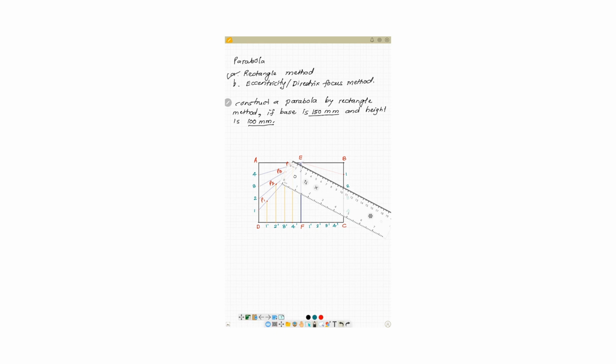Similarly, we'll connect it to point number 2, to point number 3, and to point number 4.